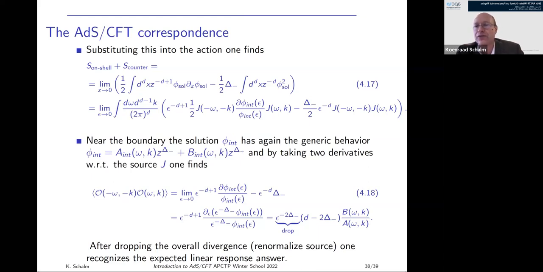For instance, we will see tomorrow that the two solutions correspond to one computing the advanced Green's function and the other computing the retarded Green's function.